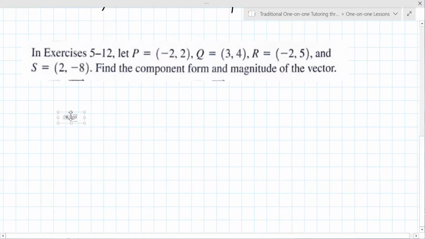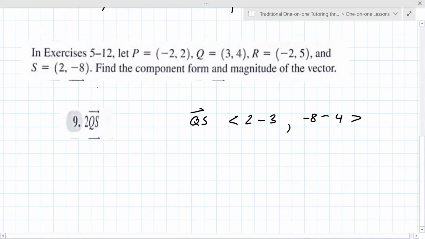So in this case, they want you to find 2QS. So QS you find the same way that you did in the previous problem. You take this X value 2 and you subtract the X value of Q. And then for the Y value, -8 minus 4.